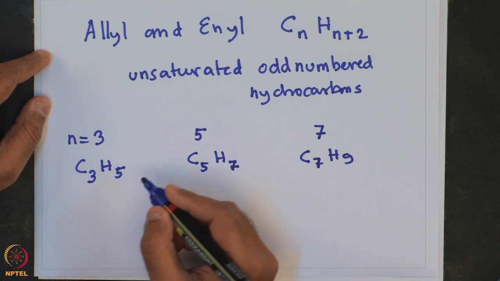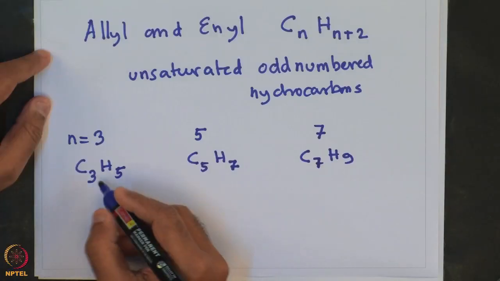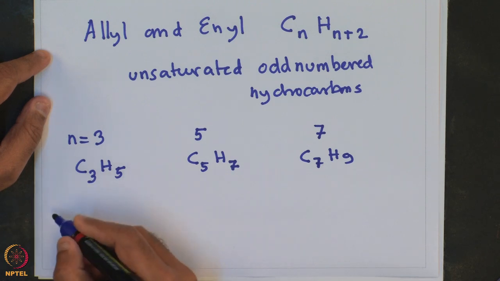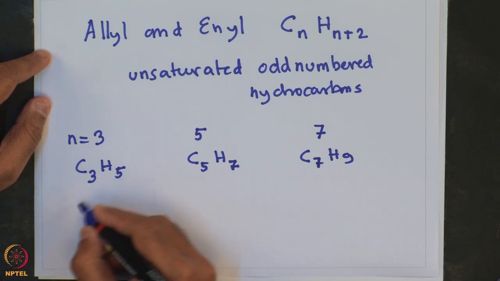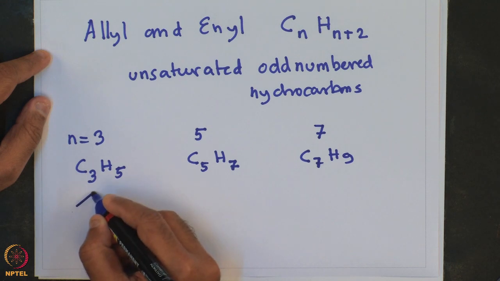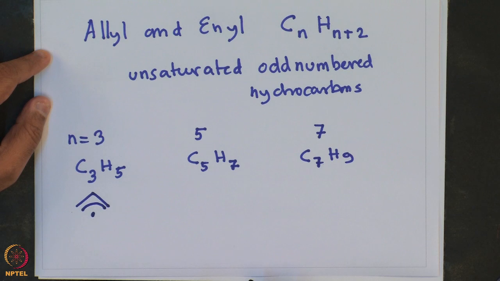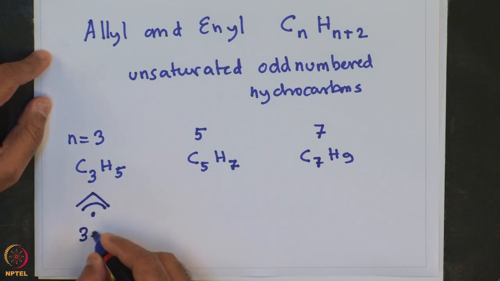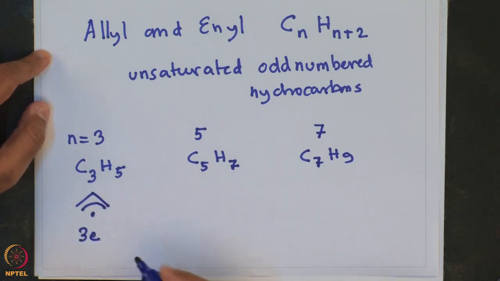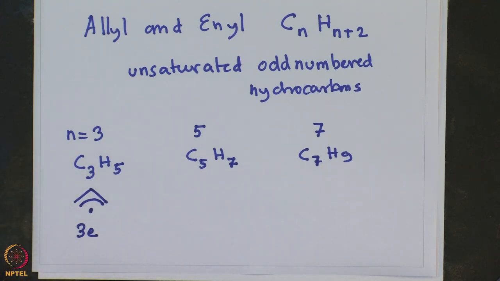Now, these ligands can exist in neutral form or charged form. The charged form can be anionic or cationic. I will illustrate some of the diagrams over here. For example, in the neutral form, C3H5 can exist as a 3 electron donor.